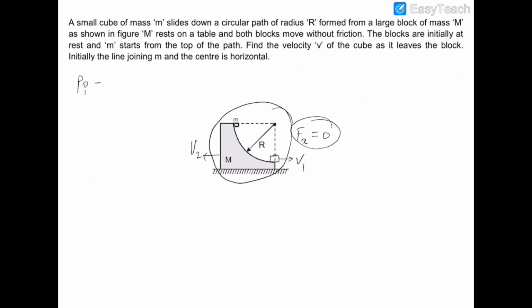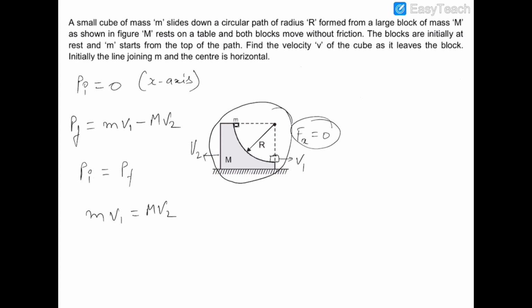The initial momentum of the system in the x-axis was 0, because neither this block nor this wedge was moving, and the final momentum of the system in the x-axis will be m v1, which is the momentum of the block in the forward direction, minus capital M v2, which is the momentum of this wedge in the reverse direction. So initial momentum and final momentum are equal, and therefore m v1 will be equal to M v2. Now this is the first equation.